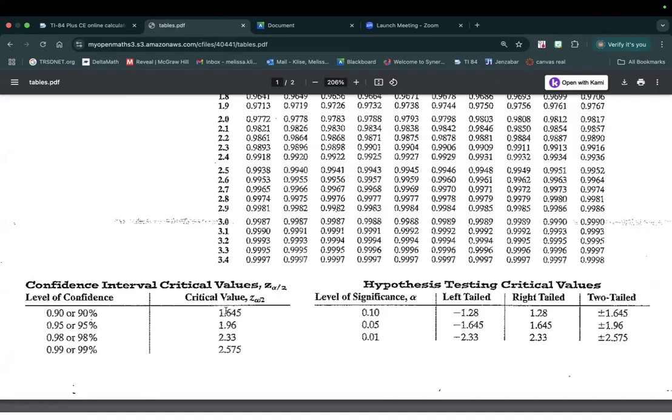So my critical value is 1.645. Take a look at my two-tailed value. It's the same. My two-tailed values match these levels of confidence because the two-tailed test essentially uses that center confidence interval that we created. It's all connected. That's one thing I love about chapters 8, 9, and 10. It's all connected.